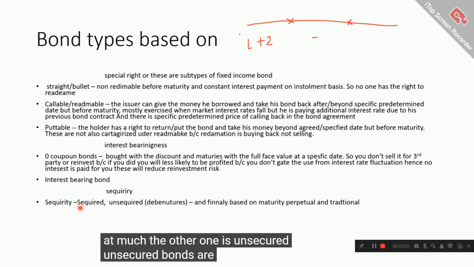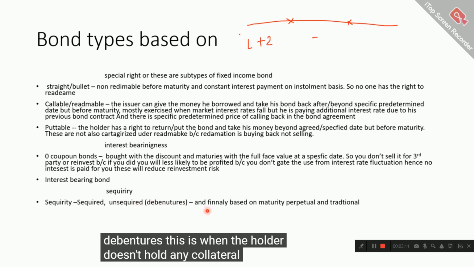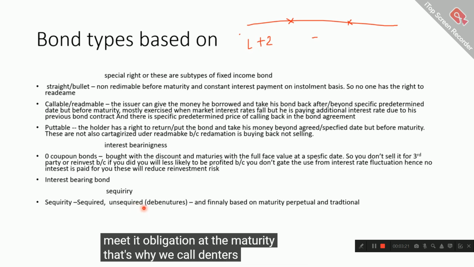Unsecured bonds are known as debentures. This is when the holder doesn't hold any collateral to take whenever the issuer fails to meet its obligation at maturity. That's why we call debentures risky, because there is no collateral here.